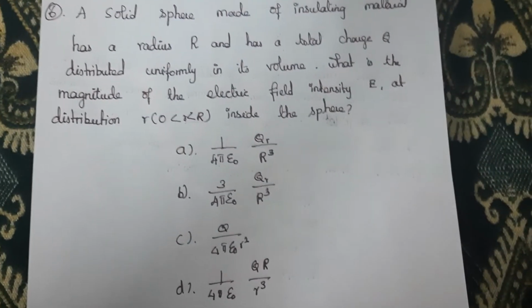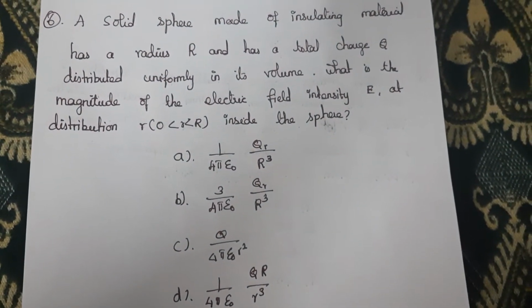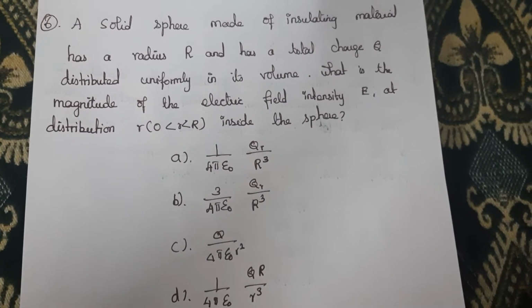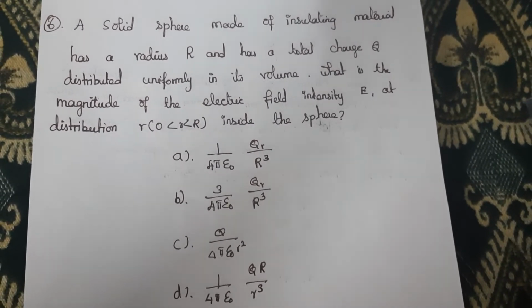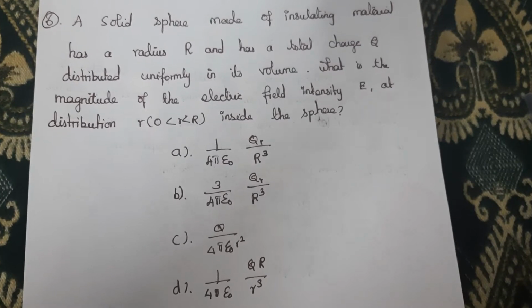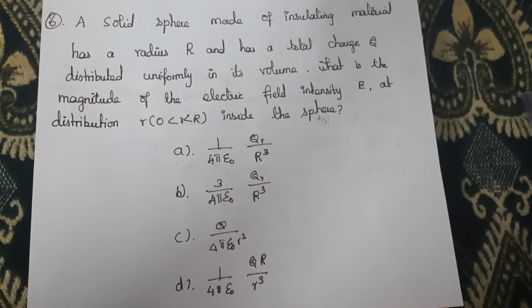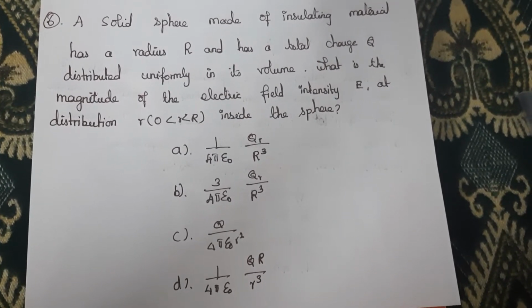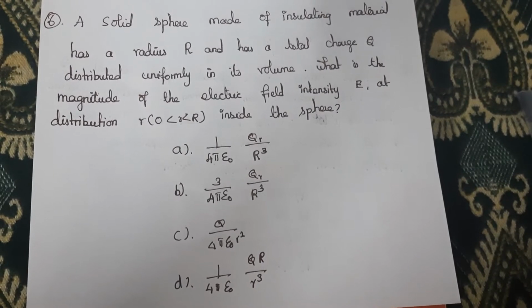Next question, a solid sphere made of insulating material has a radius R and has a total charge Q distributed uniformly in its volume. What is the magnitude of electric field intensity E?